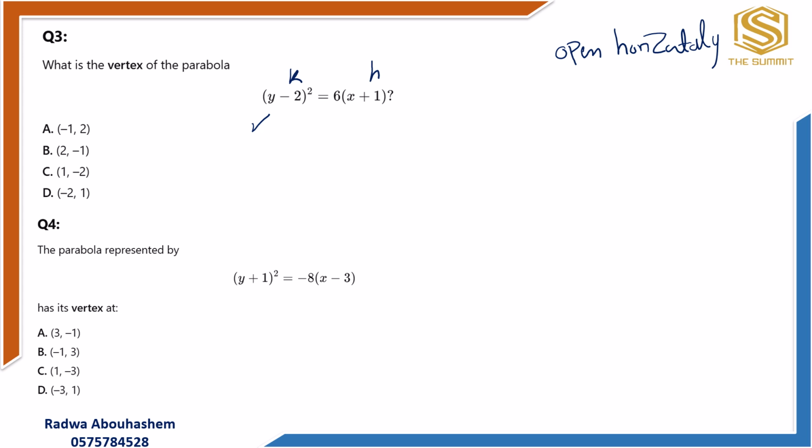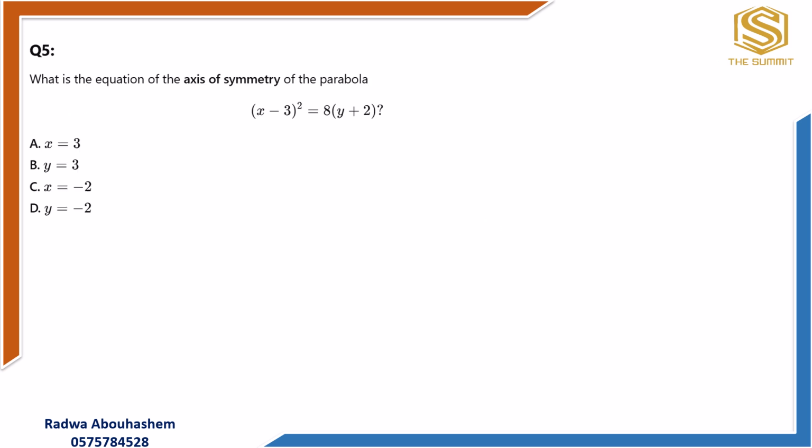You have to change the sign. So it would be -1 and 2. The parabola represented by y plus 1 power 2 equal -8 times x minus 3 has its vertex at. Okay, this is k and this is h. So it's 3 and -1.